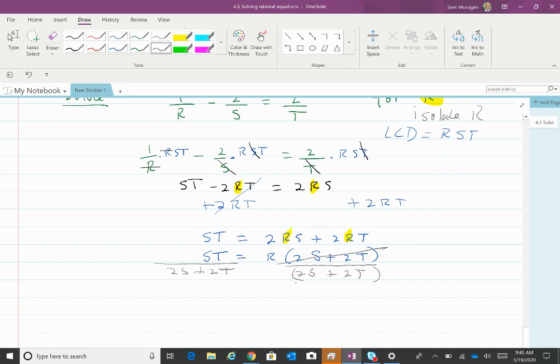This cancels out with this, and we're left with R. We have ST over 2S plus 2T is equal to R.